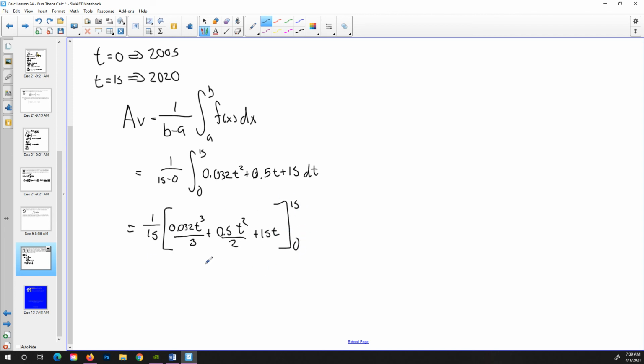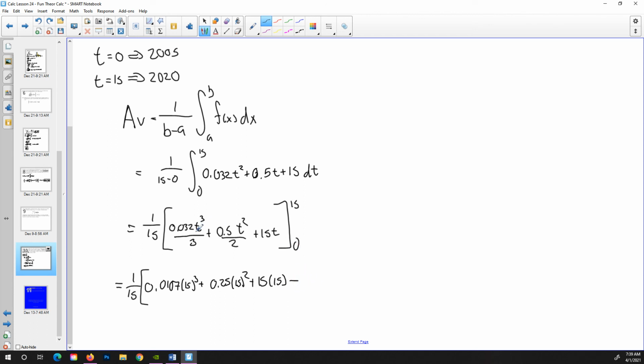Now, when I evaluate this, the good news is when I plug 0 into all of these terms, I'm going to get 0. So I'll have 1 over 15 times, let's simplify this, 0.032 divided by 3 is 0.0107, and that will be times 15 to the third plus 0.25 times 15 squared plus 15 times 15, and we'll subtract from that.